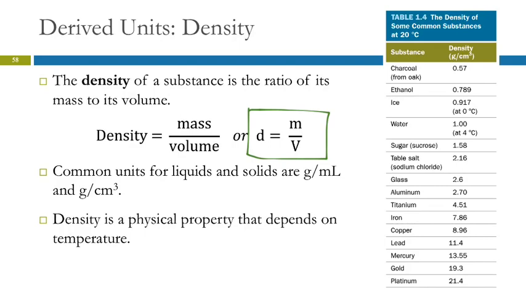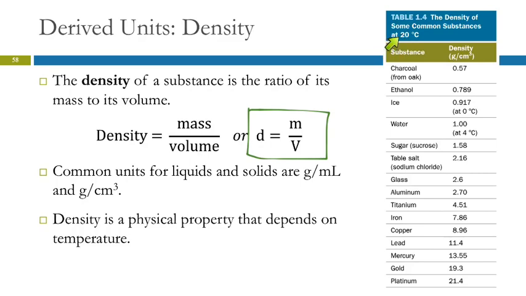So it's not a big deal most of the time. But you notice in this table of some common densities, they say at 20 degrees Celsius. They'll always specify a temperature. Do you need to use the temperature in a calculation? Absolutely not. And for most purposes, if you're just close to that temperature, you're going to be fine.